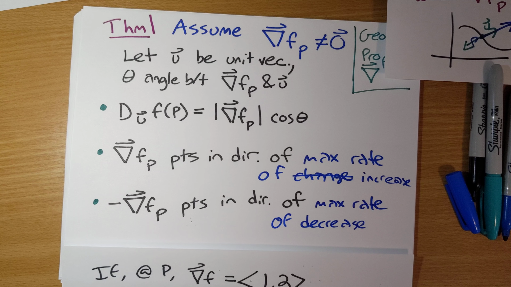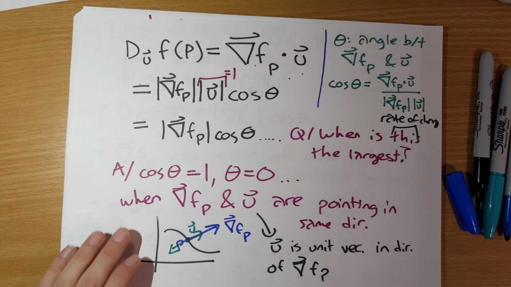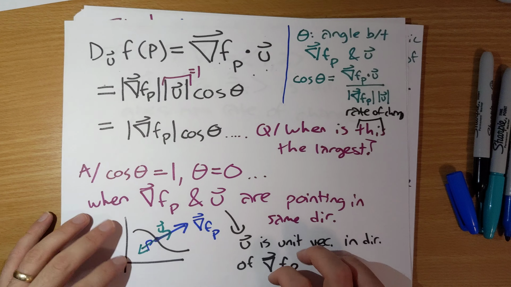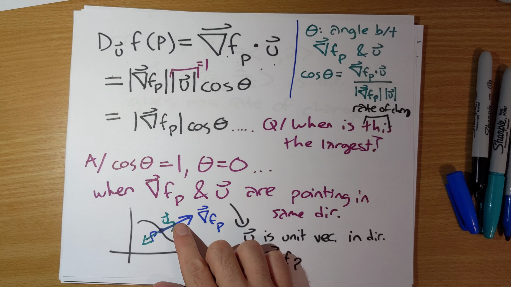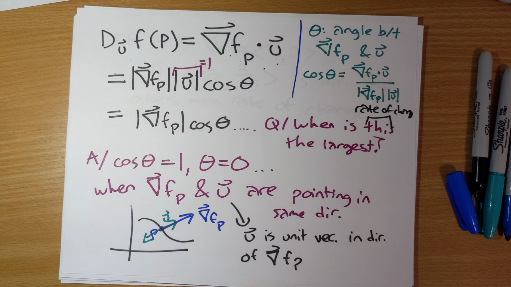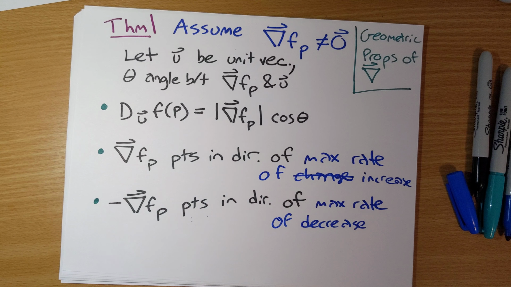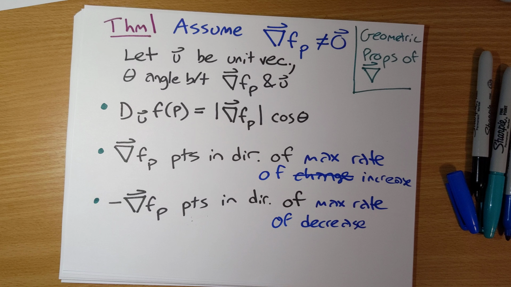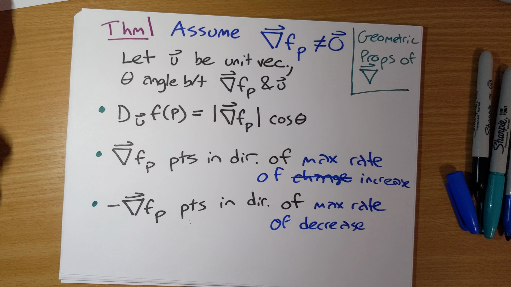So the geometric meaning here is: if you want to go up the hill as quickly as possible, move in the direction of the gradient. If you want to go down the hill as quickly as possible, move in the negative direction of the gradient. Okay, so we have these three facts here about geometric properties of the gradient.